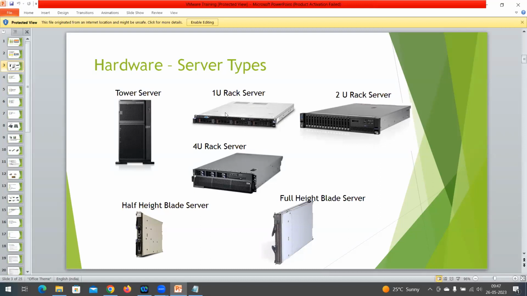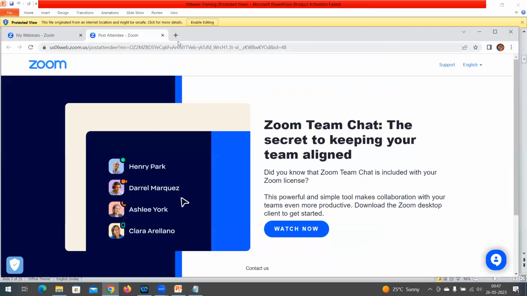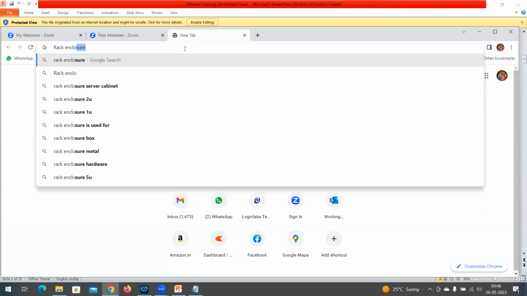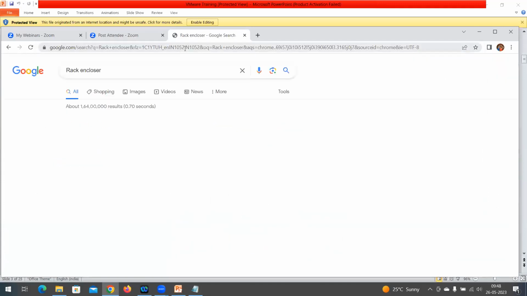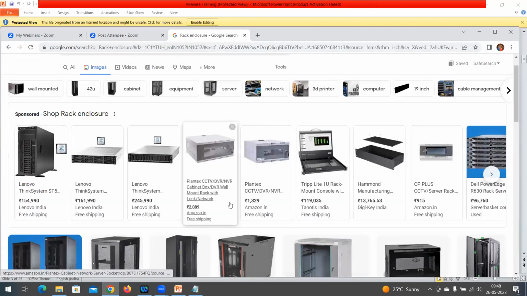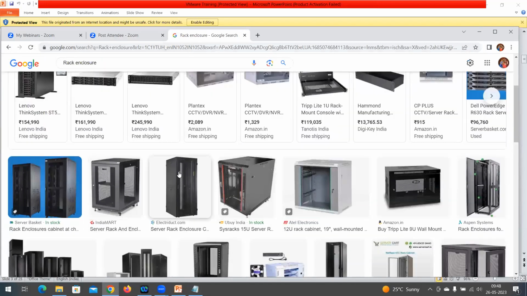Okay, for example, if I go with this new rack server, see how sleek it is. This rack server is inserted into a rack enclosure. What is a rack enclosure? This is a rack enclosure in the data center.